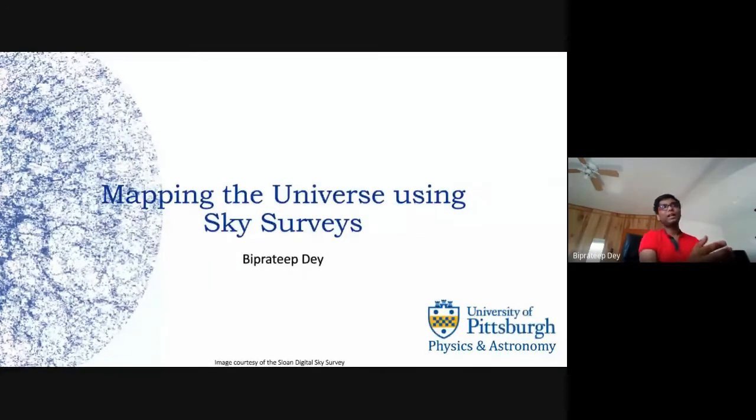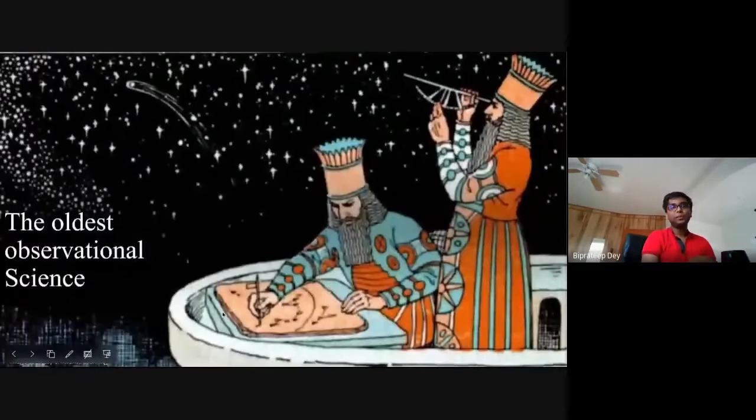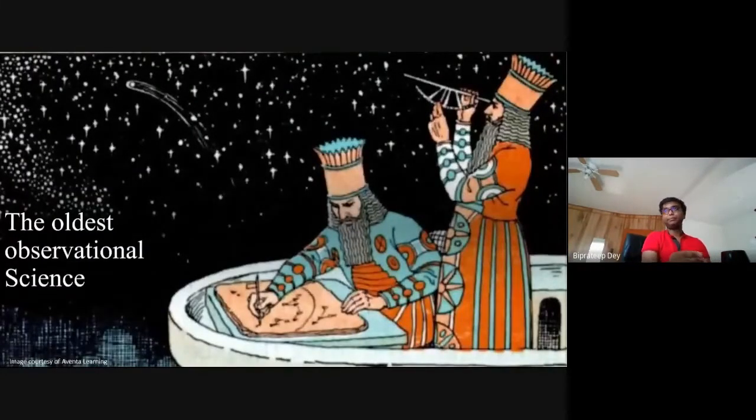astronomy, as you might have known, is probably the oldest observational science. The only requirement for people to do astronomy was to just look up, and you could see stars and other stuff. And these things, the sky changes with time in a periodic fashion.